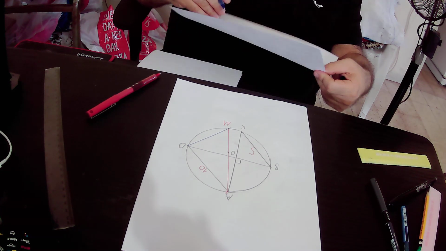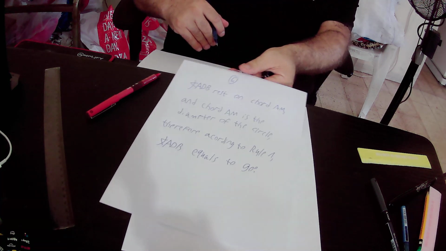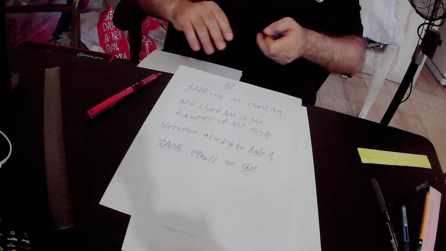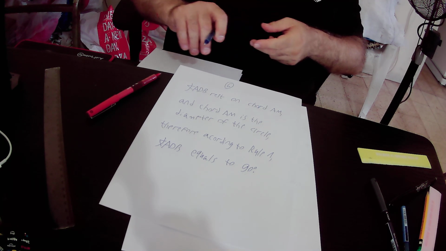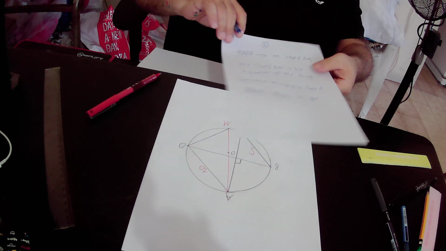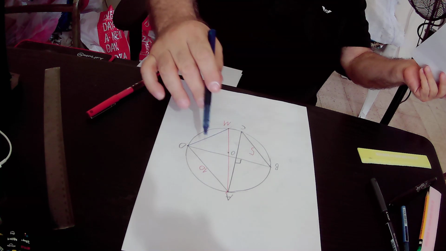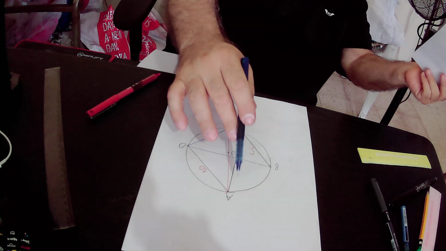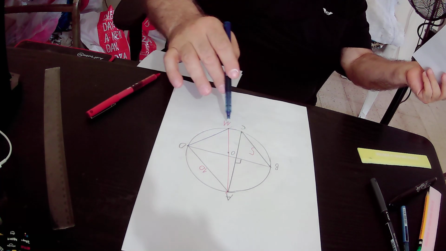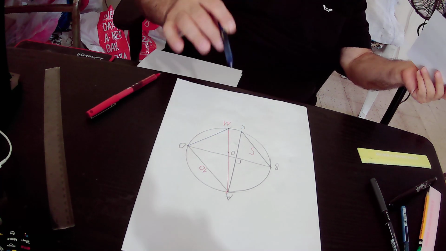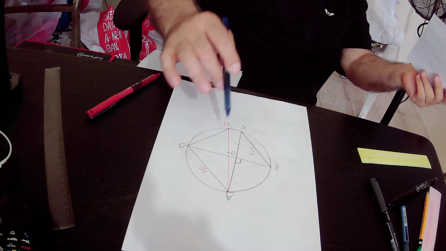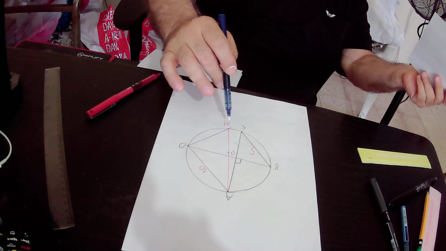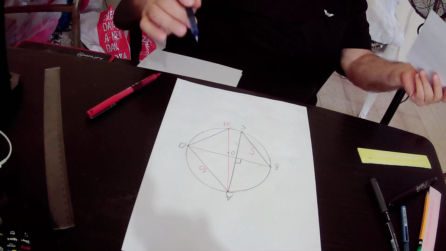Okay, so I will read what I wrote again. Peripheral angle ADB rests on chord AM. So you can see here, peripheral angle ADB rests on chord AM, and chord AM is the diameter of this circle. For that reason, according to rule number 1, peripheral angle ADB equals 90 degrees.